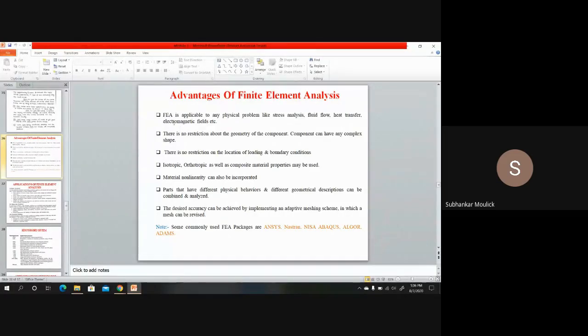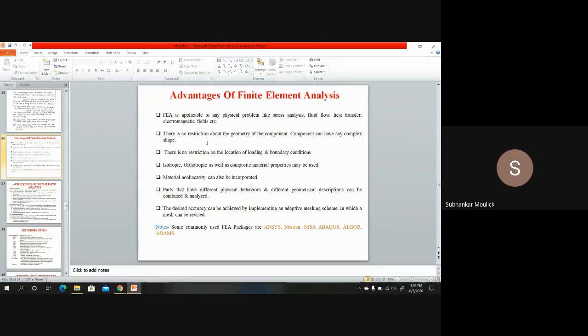The first point says that finite element analysis, that is FEA, is applicable to any physical problem like stress analysis, fluid flow problems, heat transfer problems, and electromagnetic field problems. That means by the use of FEM, we can solve problems of any domain, whether electrical, mechanical, or electronics.